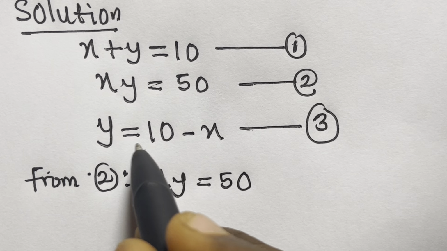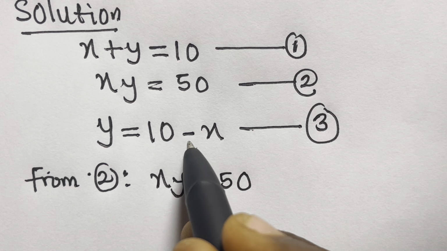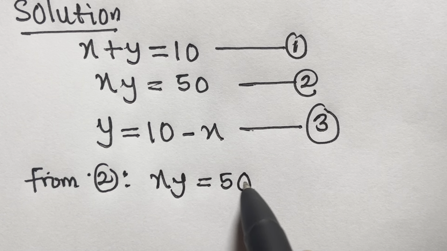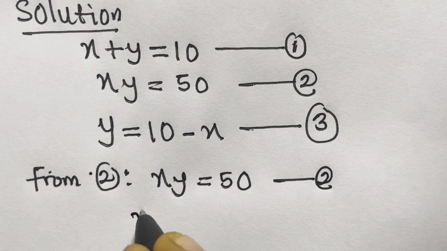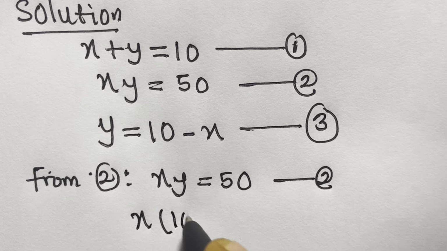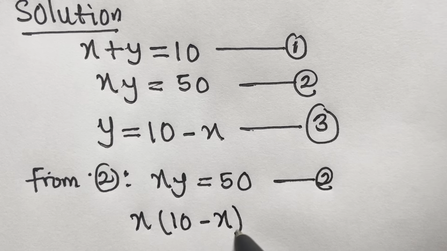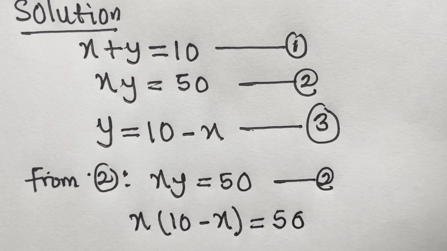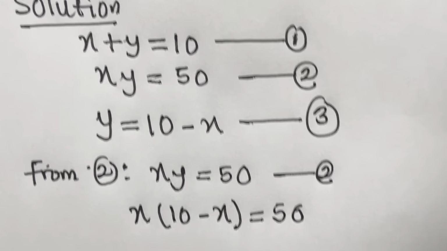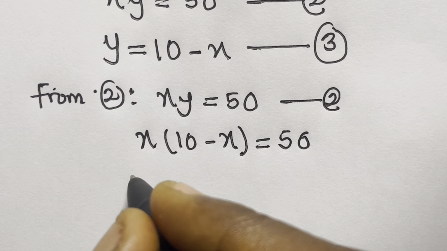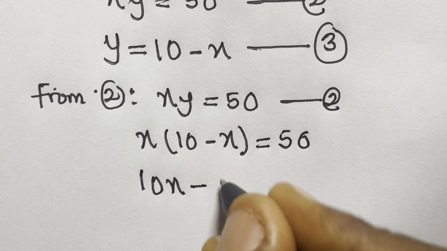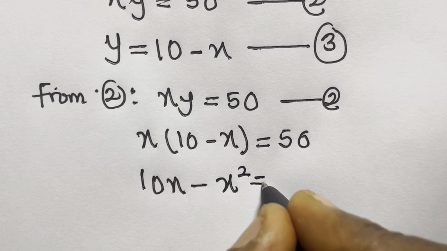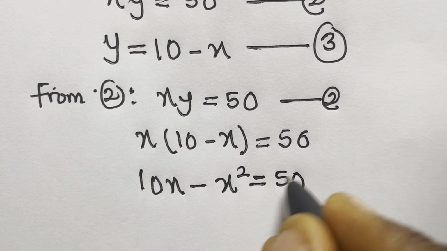But if you substitute y to be 10 minus x in equation 2, we will have x times (10 minus x) equals 50. If you expand this bracket, we will have 10 times x, we have 10x, minus x times x, we will have x squared, equals 50.